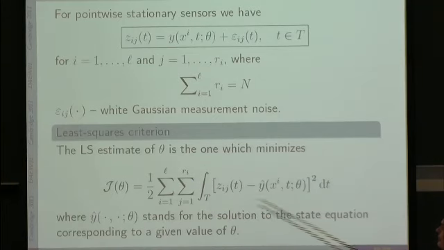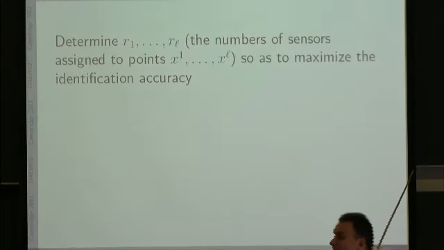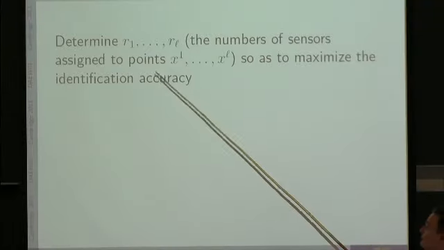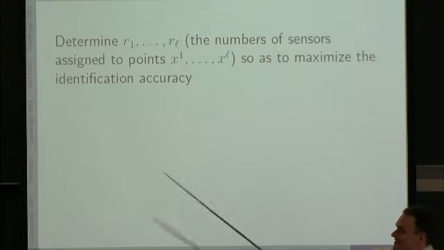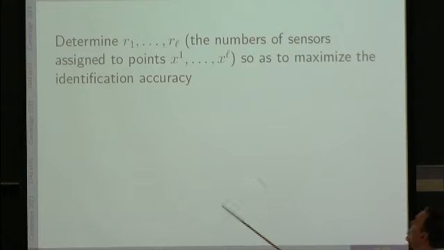So we are in the usual framework of the least squares criterion. We minimize it, and the natural question is how to determine the numbers of sensors placed at individual points. We have a fixed number of known allowable positions, so as to maximize the identification accuracy.